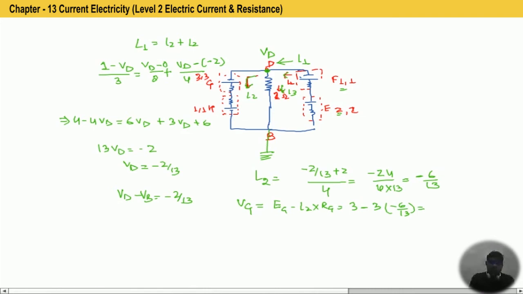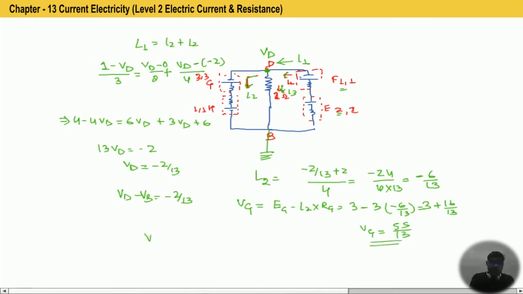Okay. So this is 3 minus, and minus times minus is plus, so 3 plus 18 upon 13. So VG is 39 plus 18, that is 57 upon 13.